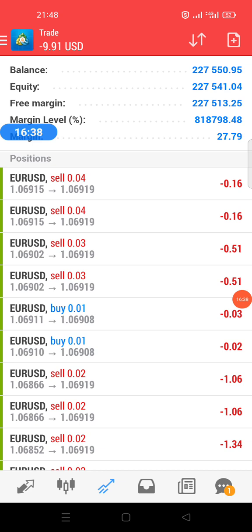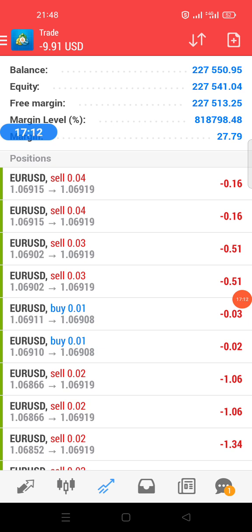Margin call is when your broker closes your biggest losses by themselves, because the amount of money inside your account will no longer sustain the momentum. So they will need to close some trades, and they will start with the bigger ones. When they close those trades, you'll be the one to lose and they'll be the one to gain. So my advice is, make sure you have a big amount of money inside your trading account so your margin level can be very large.